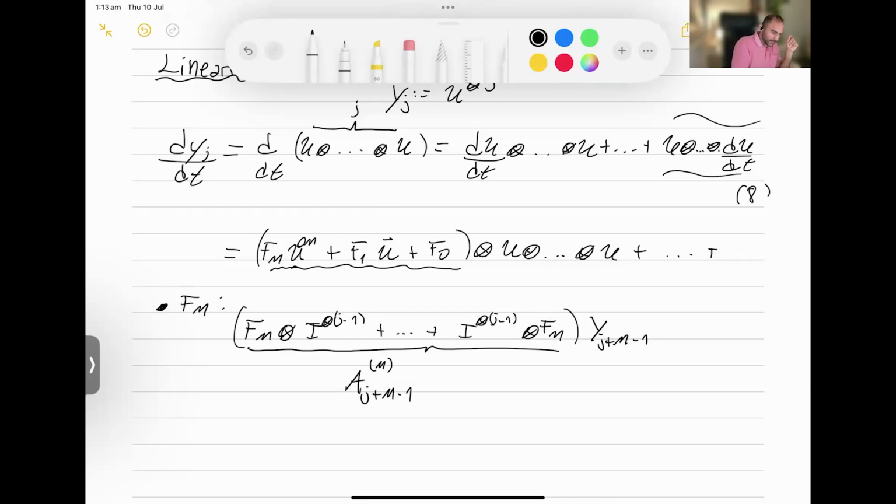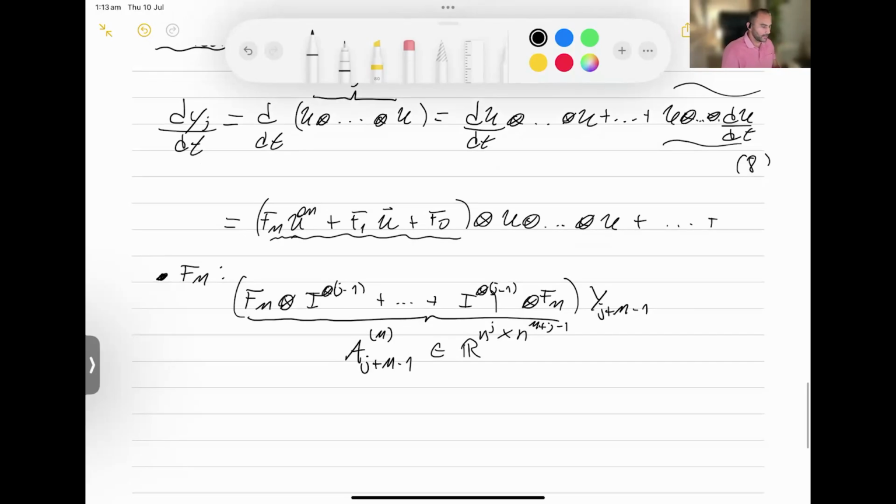The dimensionality is going to be the power of n, for each j, times n to the m plus j minus 1. So this is the component for Fm.